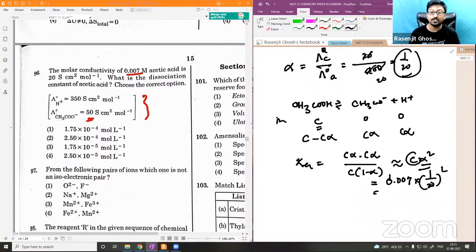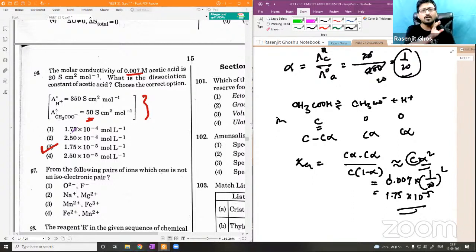If you do this calculation, you will get 1.75 into 10 to the power minus 5. That is option number 3. It was a little bit of calculation, but it is simple. The concept was very simple. Nothing complicated.